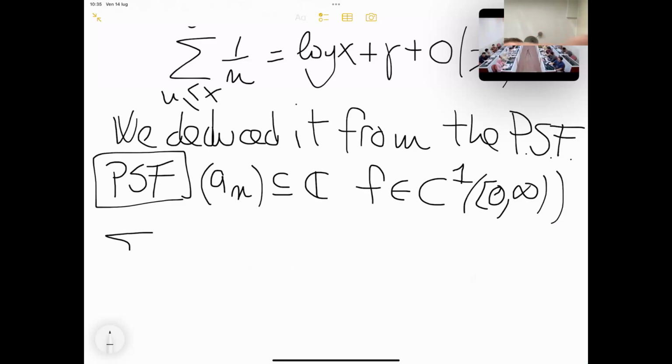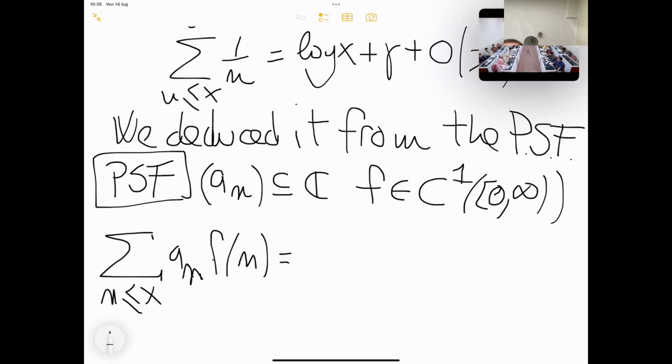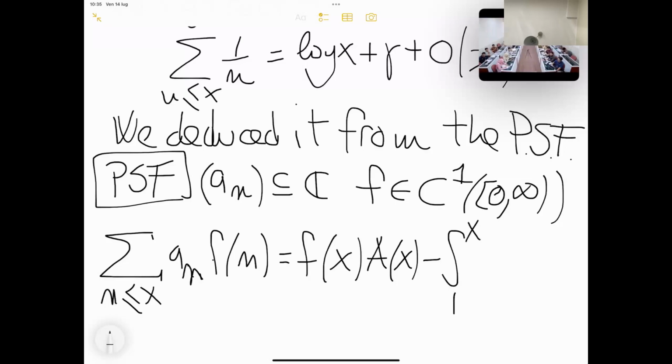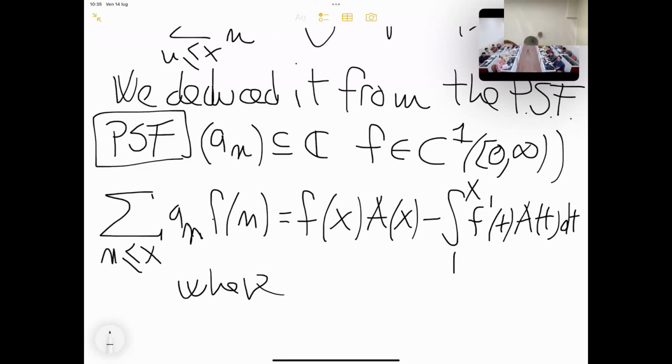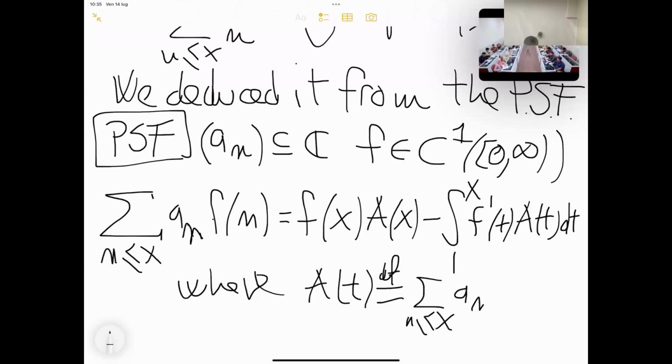And the identity is the following: the sum for n less or equal than x of a_n f of n is equal to f of x times A of x minus the integral between 1 and x of f prime of t, A of t dt, where A of t is simply defined to be the sum for n less or equal than t of a_n. So this is the partial summation formula.